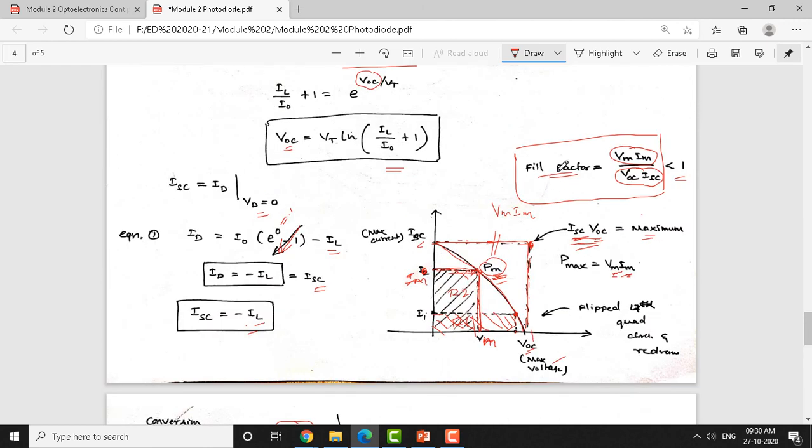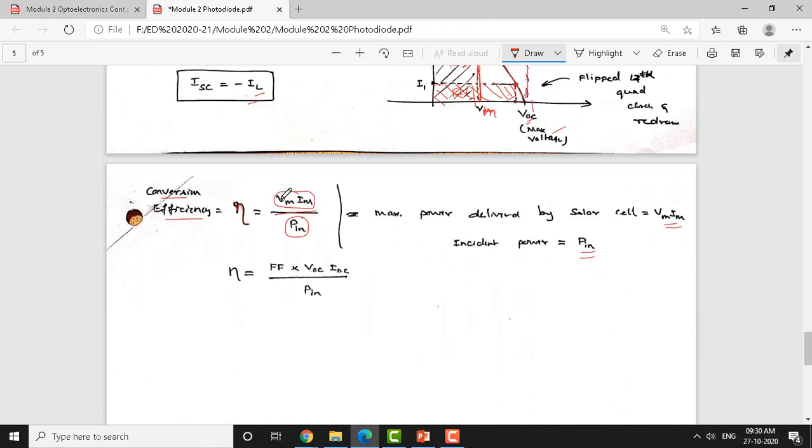We already know that fill factor FF times VOC into ISC gives you Vm into Im. So, if you substitute Vm into Im as fill factor times VOC into ISC, we get another formula for conversion efficiency. The final formula for conversion efficiency is fill factor times VOC into ISC divided by incident power, which is the power due to the incident photons.